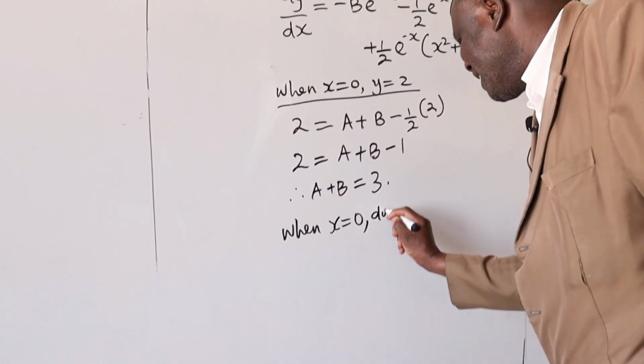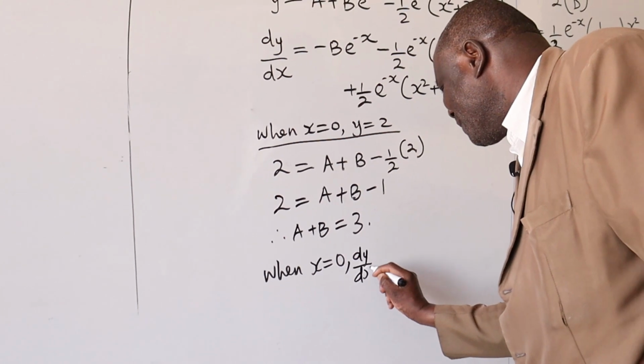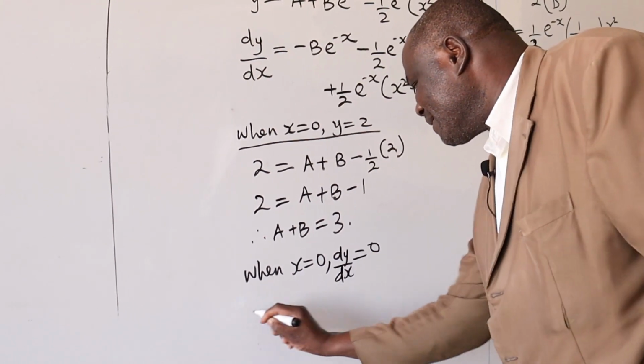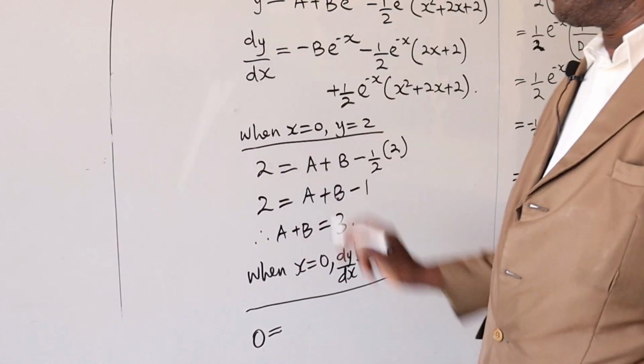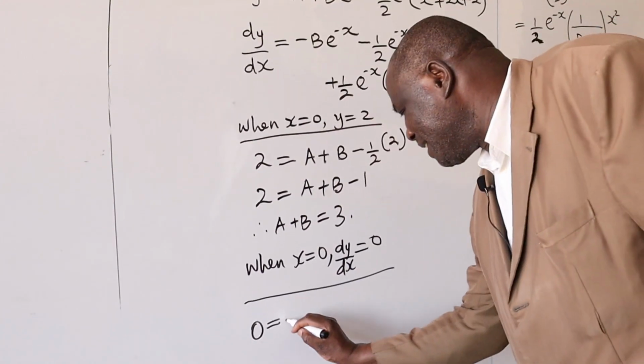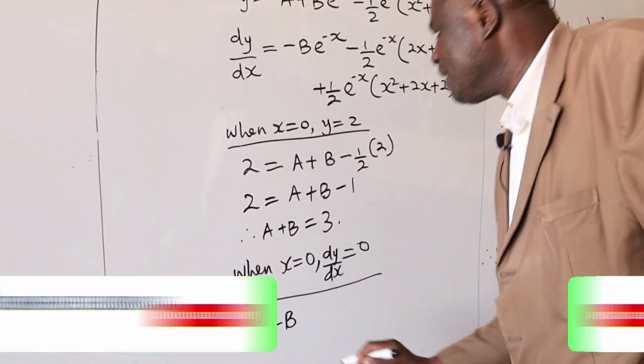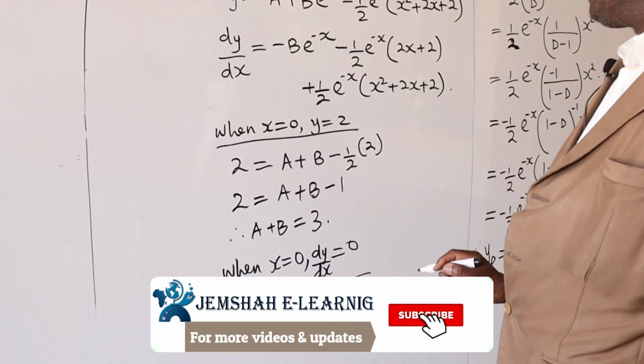When x is equal to 0, dy dx is equal to also 0. So we substitute here, 0 is equal to minus b.